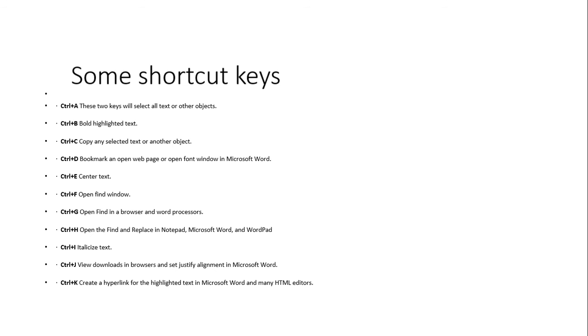Control plus J. View downloads in browsers and set justify alignment in Microsoft Word. Control plus K. Create a hyperlink for the highlighted text in Microsoft Word and many HTML editors.